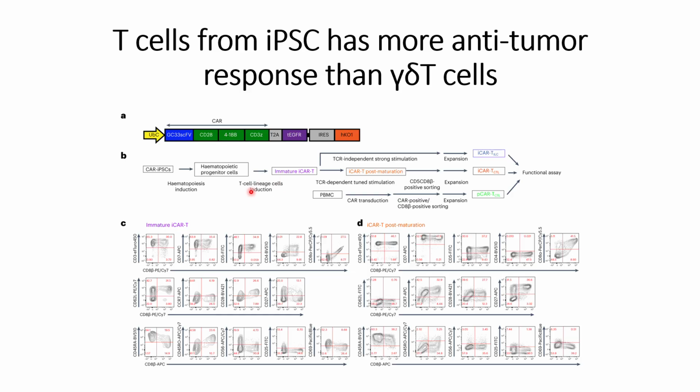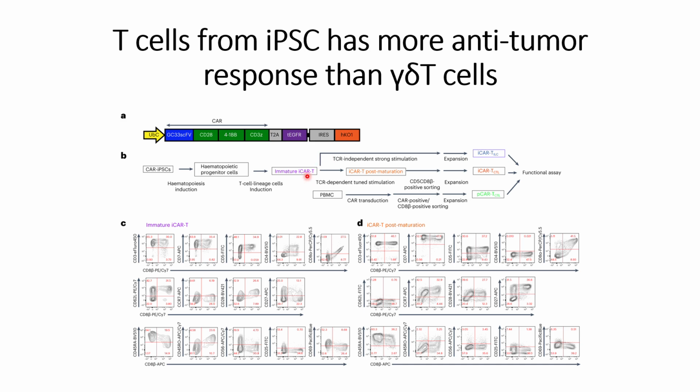They took two different populations. First, the immature CAR-T cells, and directly expanded them using the antigen to activate these CAR-T cells, which causes the expansion of the CAR-T cells.